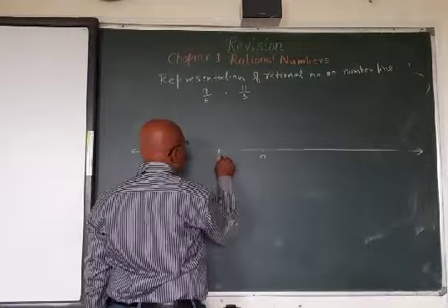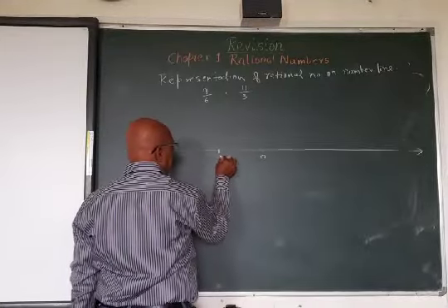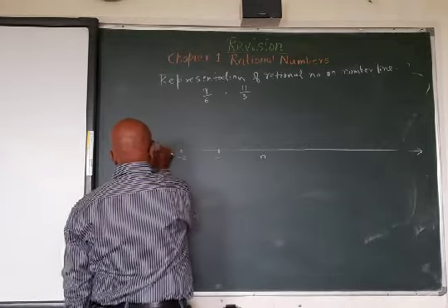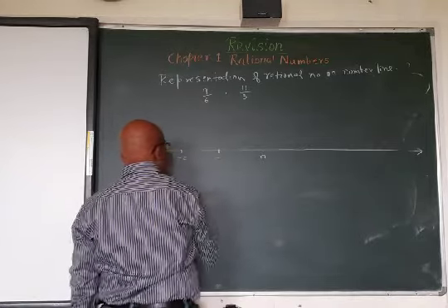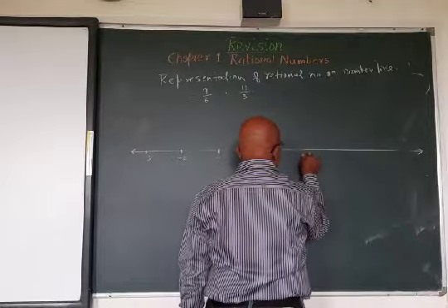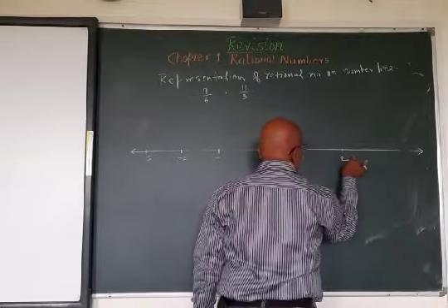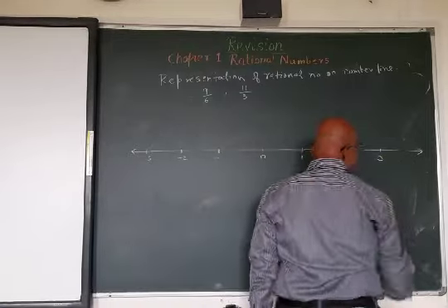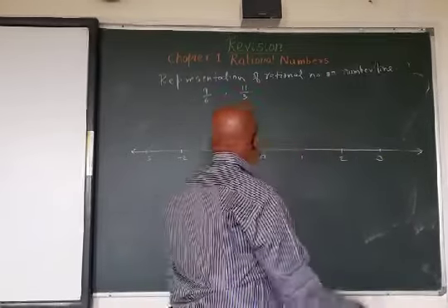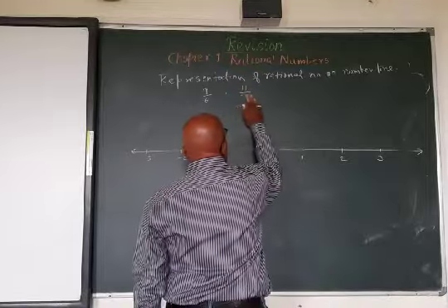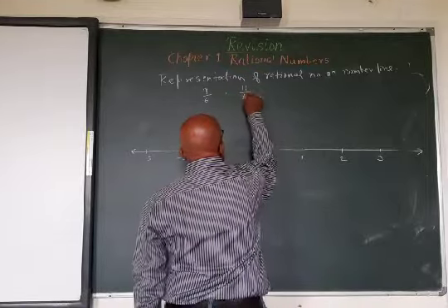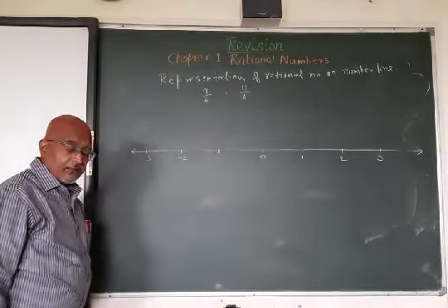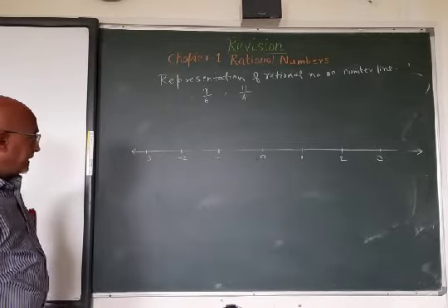So I will take it as a bigger one: minus 1, minus 2, minus 3, and here 1, 2, 3. I will change this number, so I will take 4, so that it can be shown on the number line.